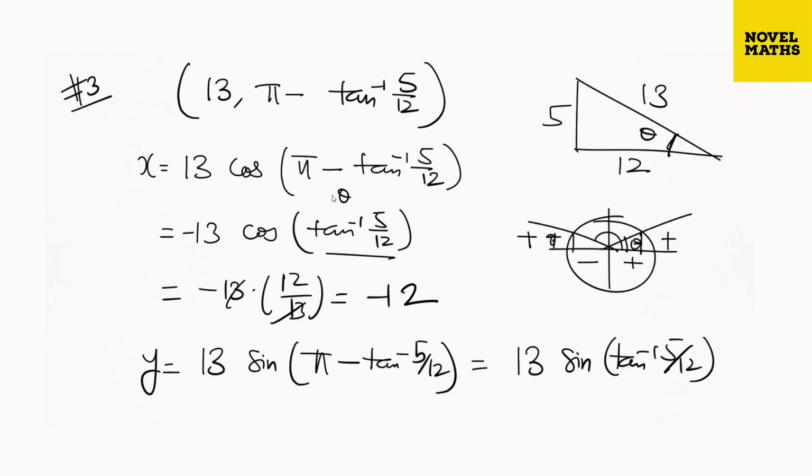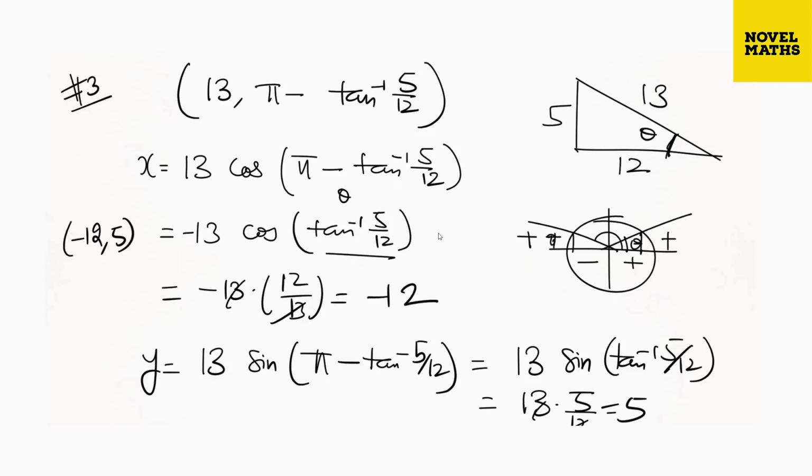So sine of this angle is 5 over 13. So 13 into 5 over 13 is 5. So the answer is negative 12 and 5. So this is all about converting any polar coordinate to Cartesian. The concepts given are enough that you can solve any of the complex problems.